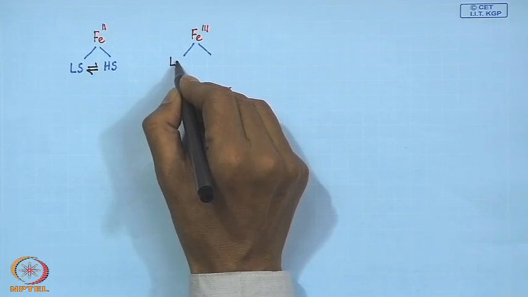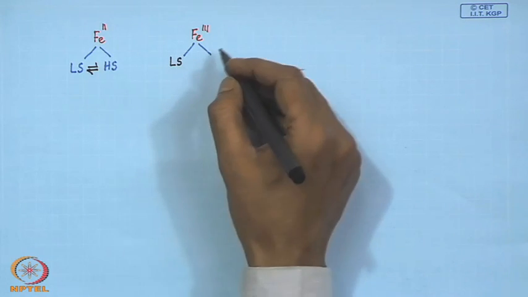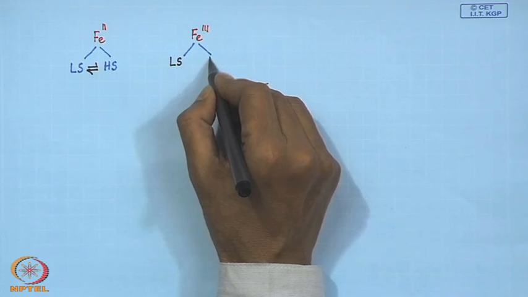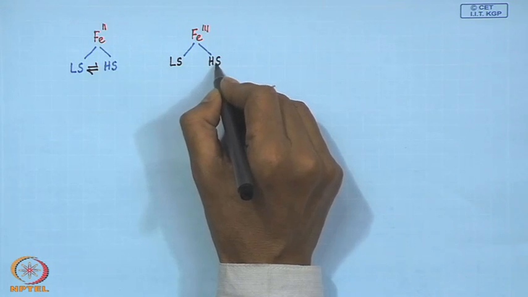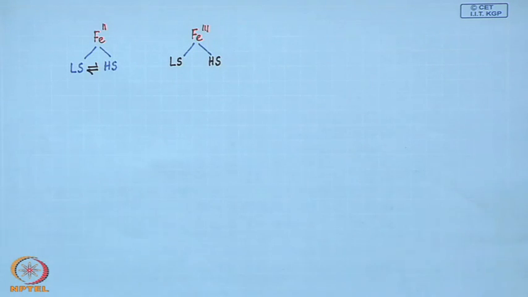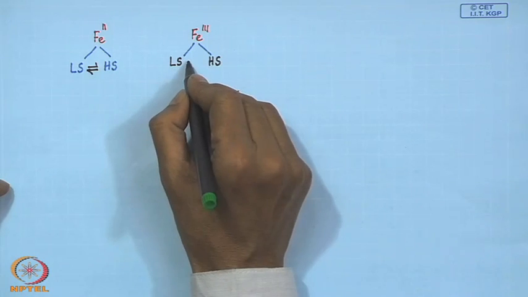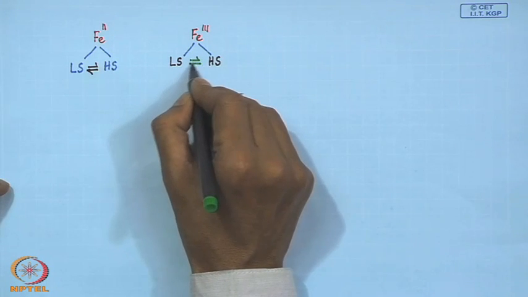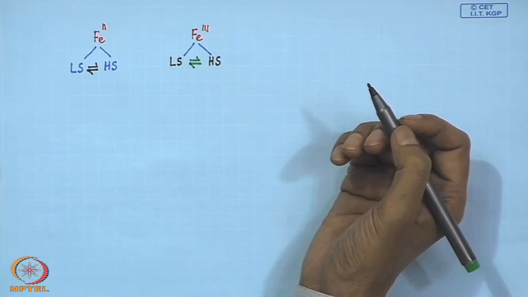Similarly, for the ferric state we can have the low spin state and high spin state, and these two states can be in equilibrium at the same time.